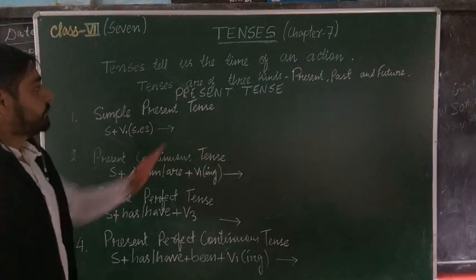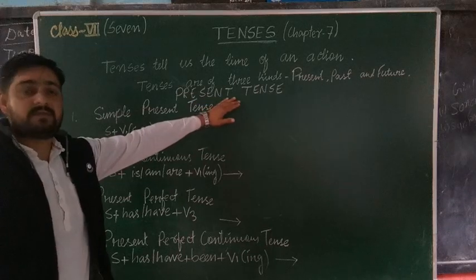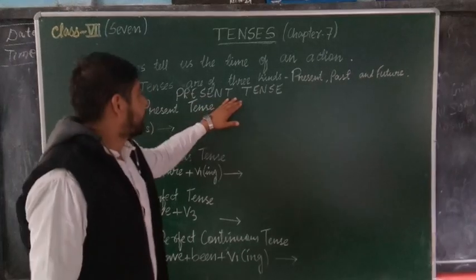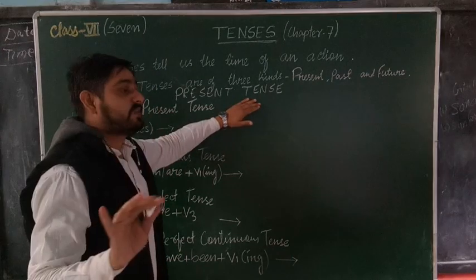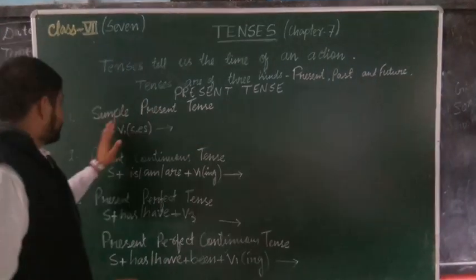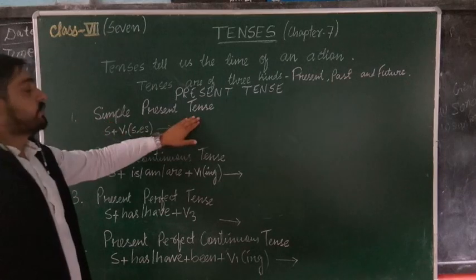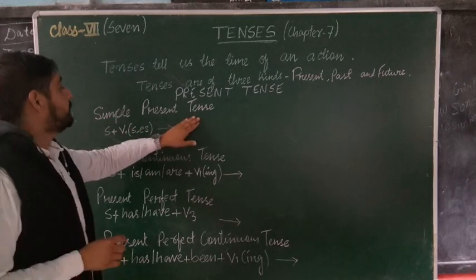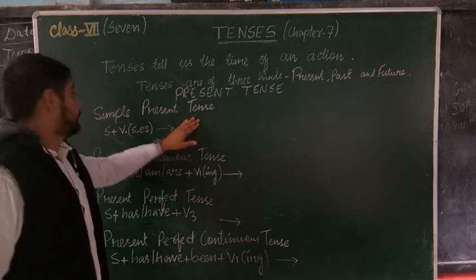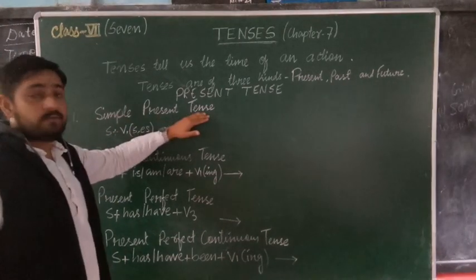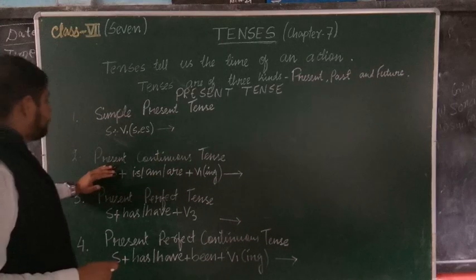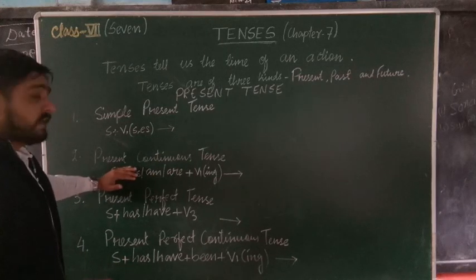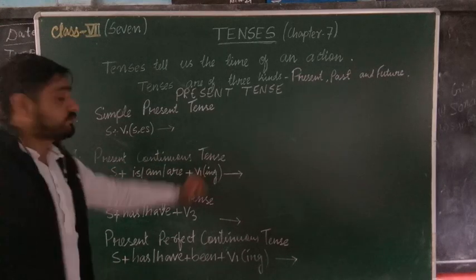This is our first kind of tense, and in each tense there are four sub tenses. Here I have written simple present tense; we may also call it present indefinite tense. The second is present continuous tense.